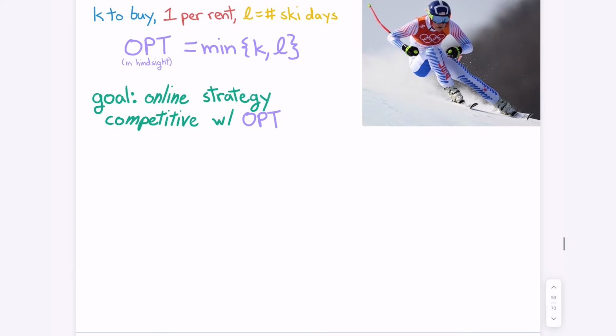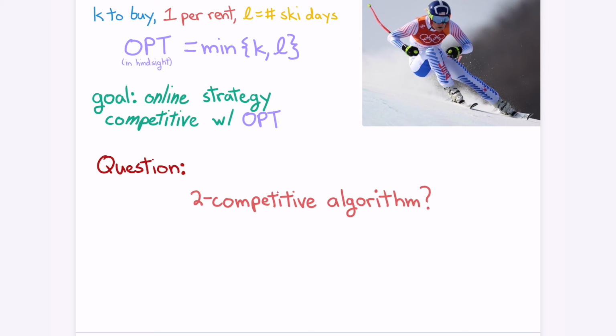So the goal is to get some kind of online strategy that's competitive with min(K, L) without knowing L in advance. Warm up.